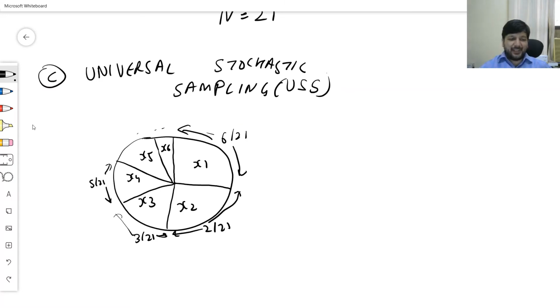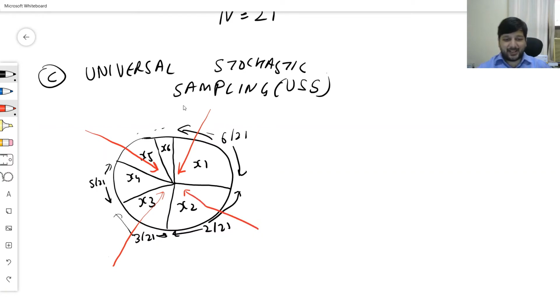Now, instead of taking 1 selector, I take n selectors. So let's say 4 individuals were to be selected. I take 4 equally spaced selectors. So let's take 1 over here. Now I'll have to go 90 degrees. So the second one will be here. The third one will probably be here. And the fourth one will probably be here.